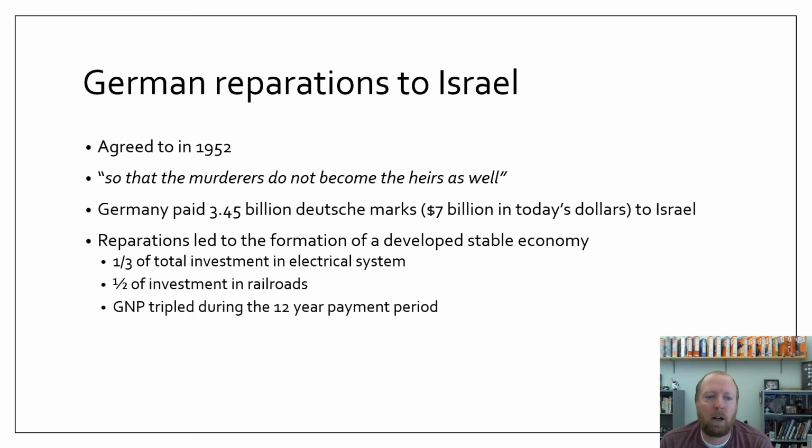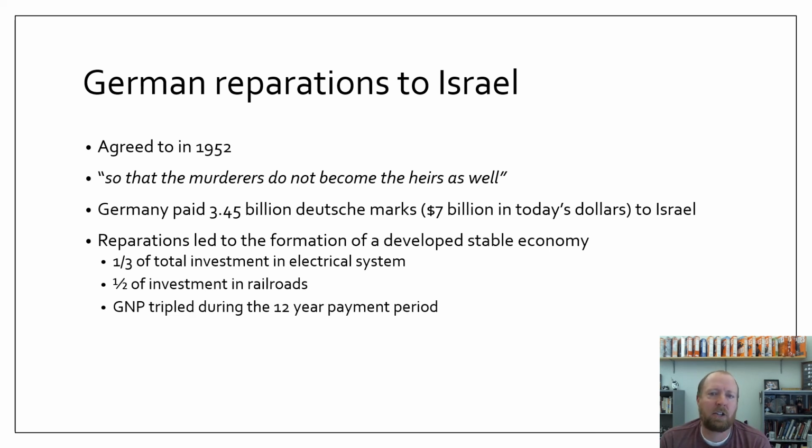It was agreed upon in 1952 that Germany would pay the reparations of the damages caused. The Prime Minister of Israel said, so that the murderers do not become the heirs as well. Because those that killed the Jews also then got their land, their houses, their businesses. And so Germany agreed to pay 3.45 billion Deutsche Marks, or about $7 billion today, to Israel for the damages done over a 12-year period.